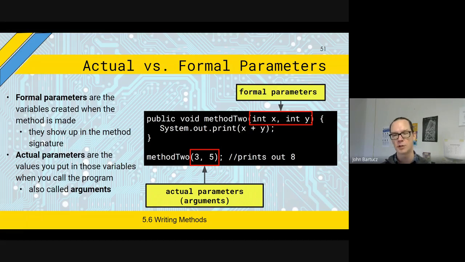So those are the formal definitions. A lot of people use them interchangeably because they're basically the things that you're sending into your method. But technically, they have different names. So I just wanted to be clear about that.